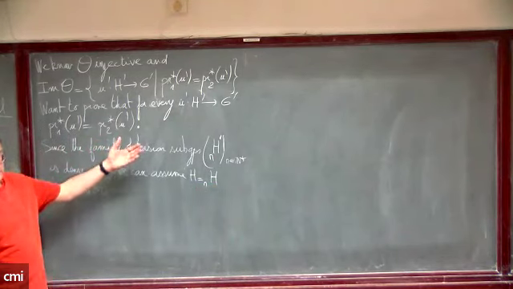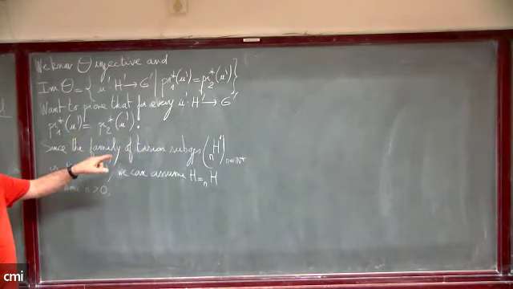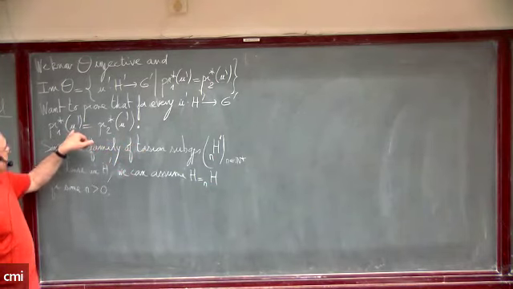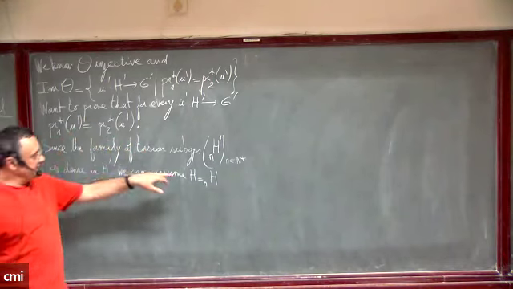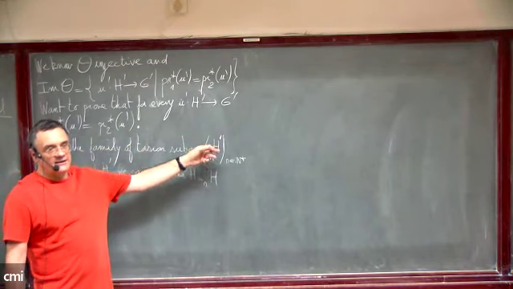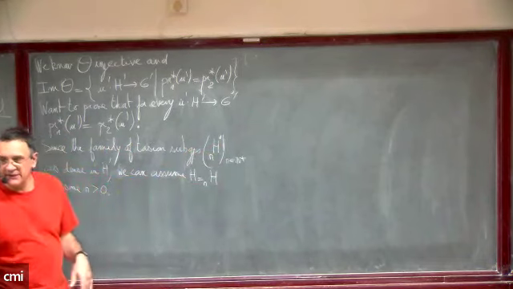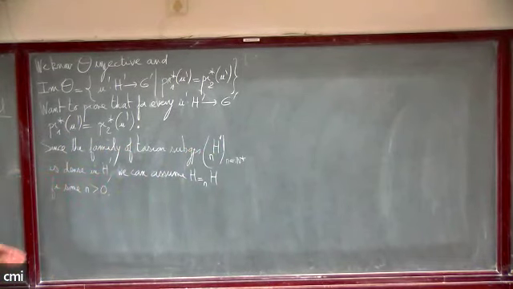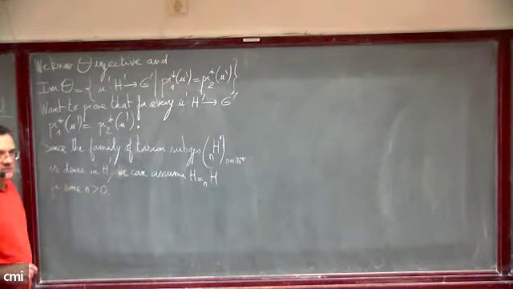Because if the result is proved in this case, this will mean that for any u prime, those two guys will coincide on the n torsion of H prime. And those groups are dense in H prime, and so they will coincide on the whole of H prime. So we can reduce to this case. Okay, so from now on, we make this assumption.